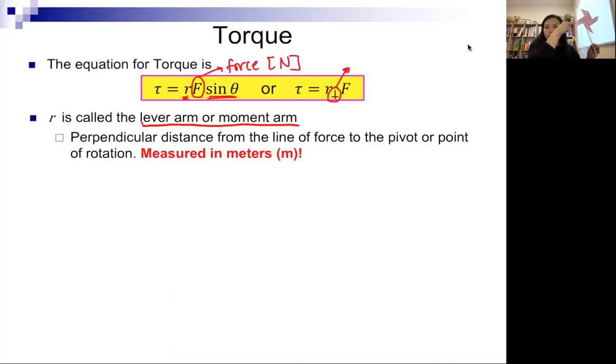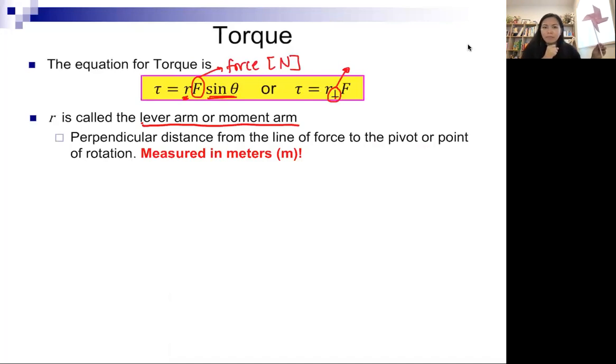Whereas if you apply the force this way, I hope you can see that, then the lever arm is 0, because your force directly goes through the pivot point, and that does not produce any rotation in the pinwheel.